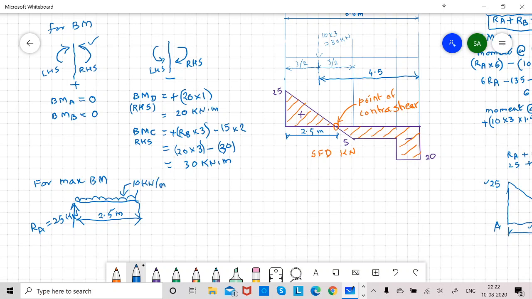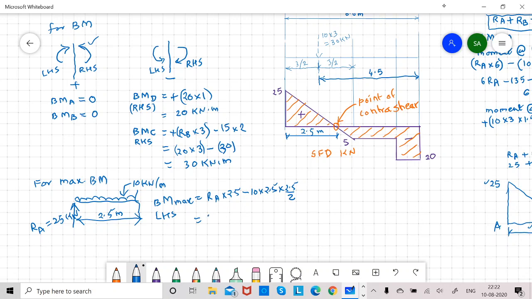Now, to calculate the maximum bending moment, I will consider the left hand side of the section: Ra into 2.5 minus 10 into 2.5 into 2.5 by 2.